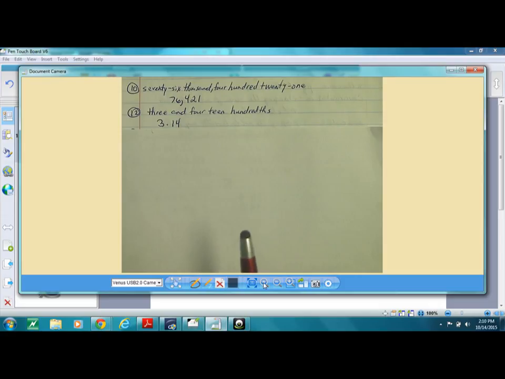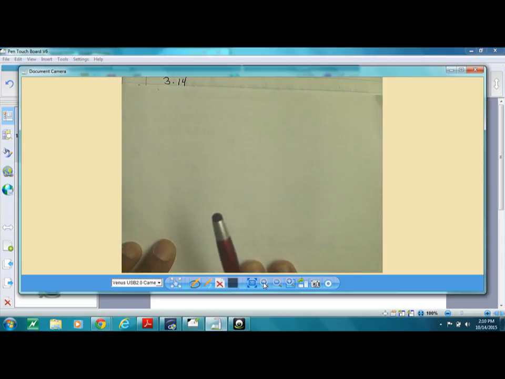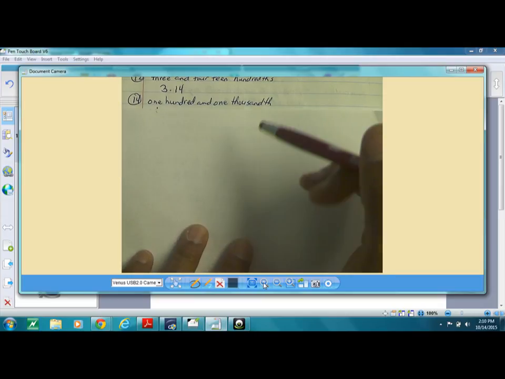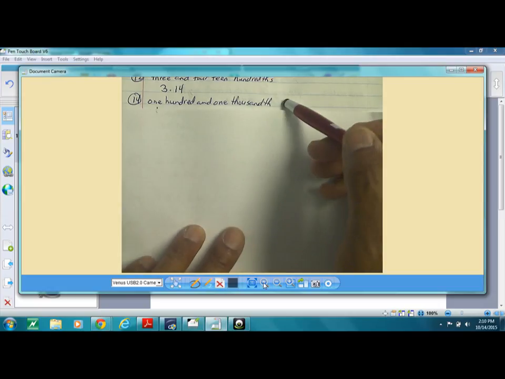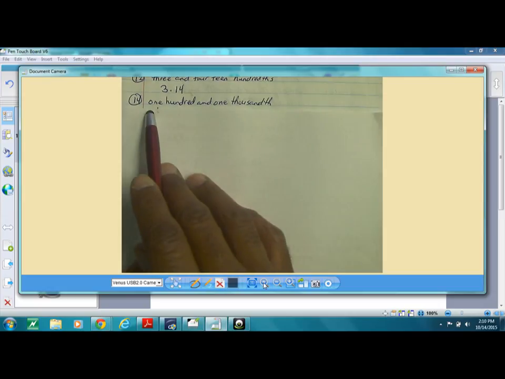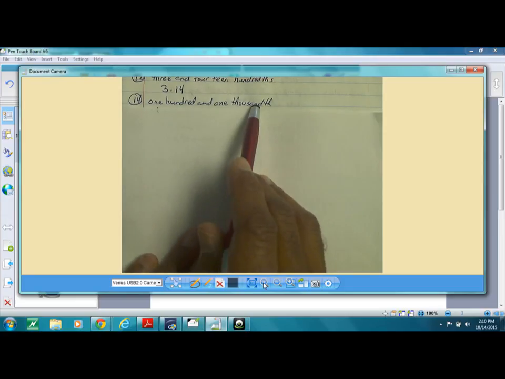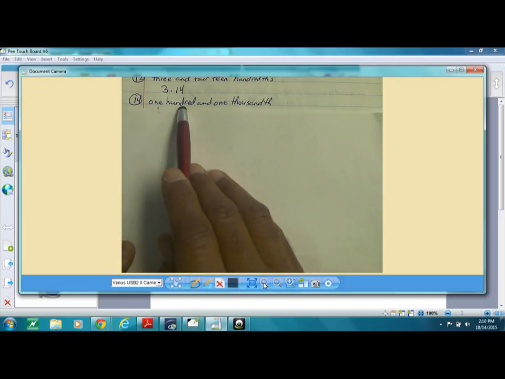Okay, we're going to look at number 14, where we have another number that we're going to write from word form to standard form. And what they give us is 100 and 1 thousandth. So the whole number is 100.